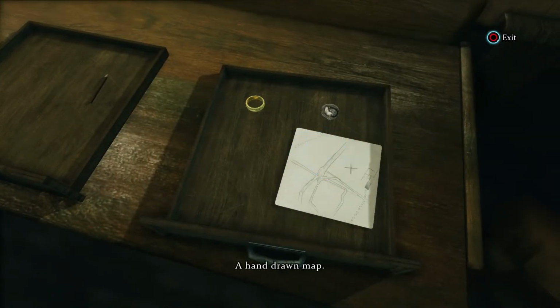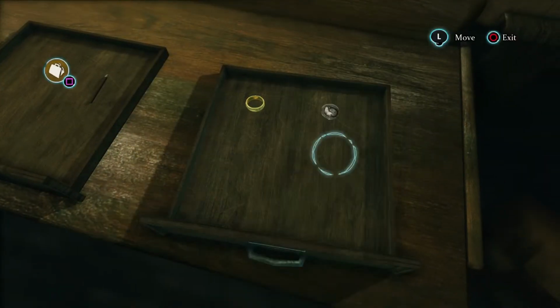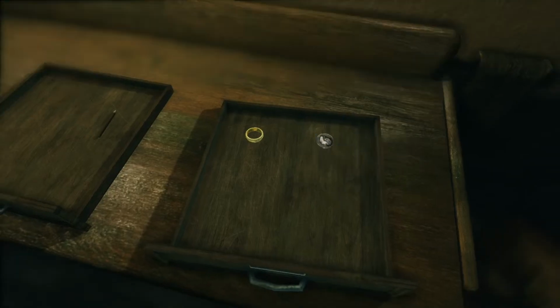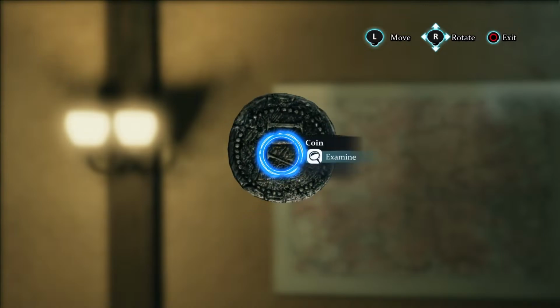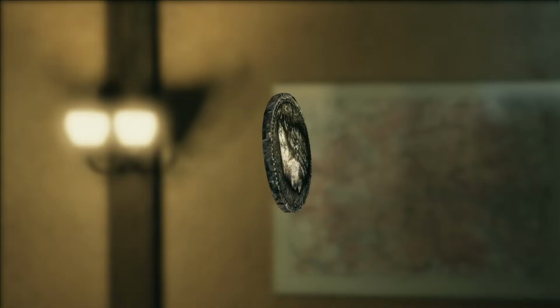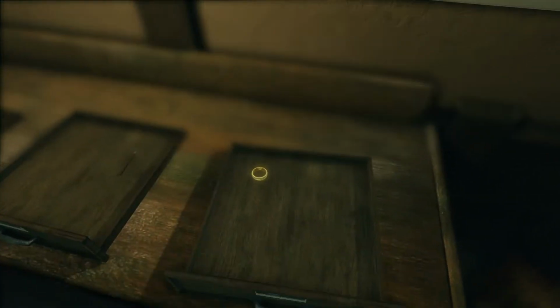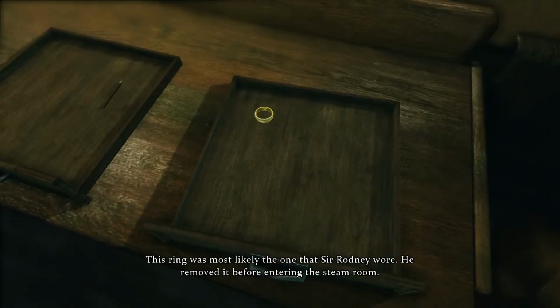A hand-drawn map. An old and rather dirty coin. This ring was most likely the one that Sir Rodney wore.